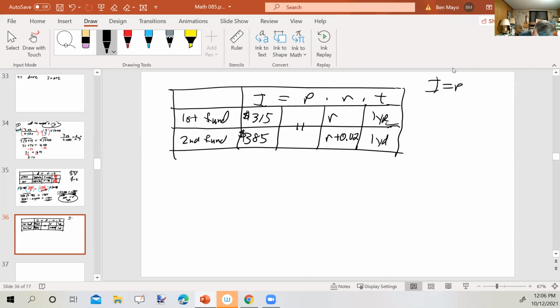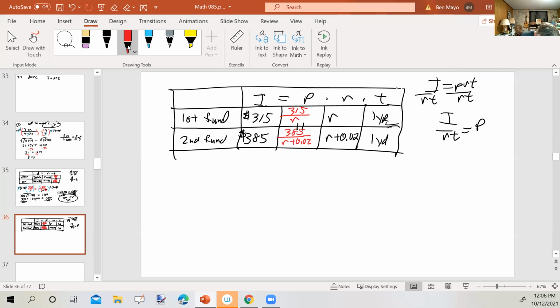If I equals PRT and we divide both sides by RT, I divided by RT equals P. So this is going to be 315 divided by 1 times R. And this is going to be 385 divided by R plus 0.02 times 1, which is R plus 0.02.